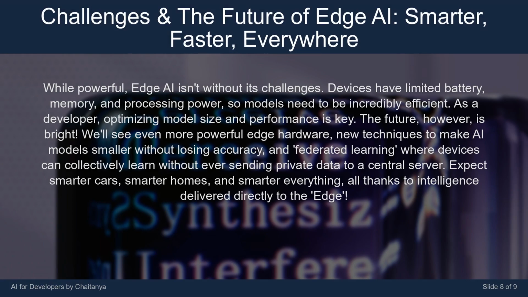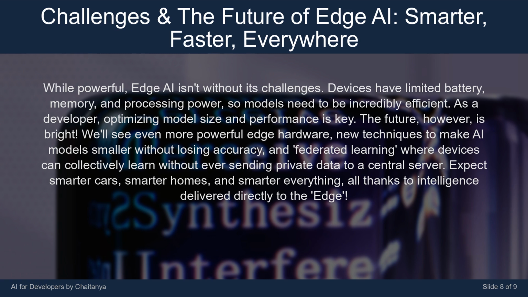While powerful, Edge AI isn't without its challenges. Devices have limited battery, memory, and processing power, so models need to be incredibly efficient. As a developer, optimizing model size and performance is key. The future, however, is bright.